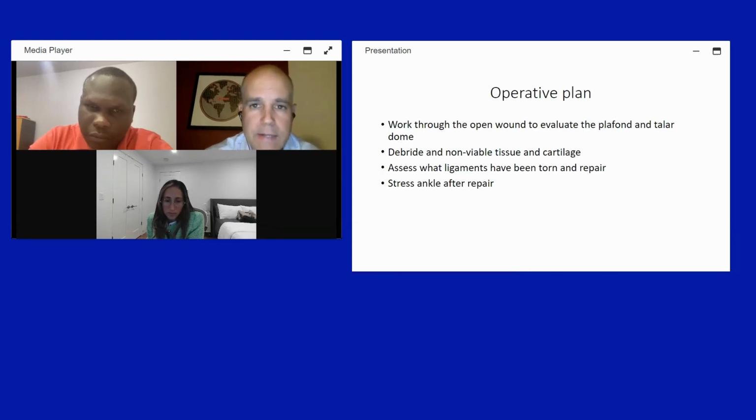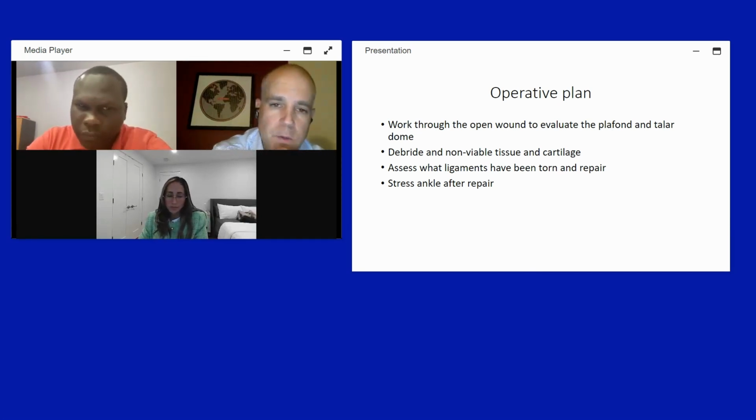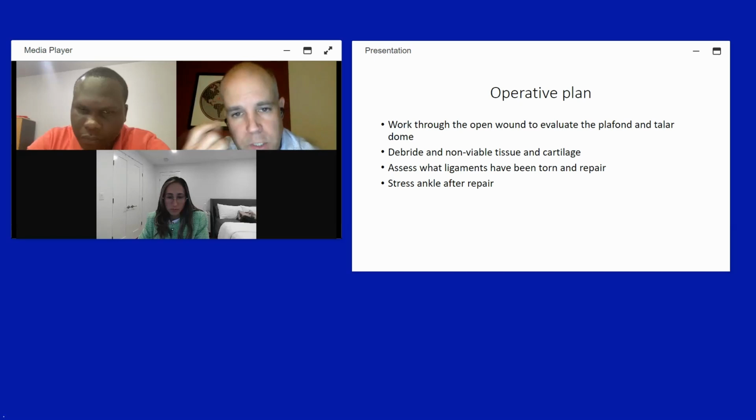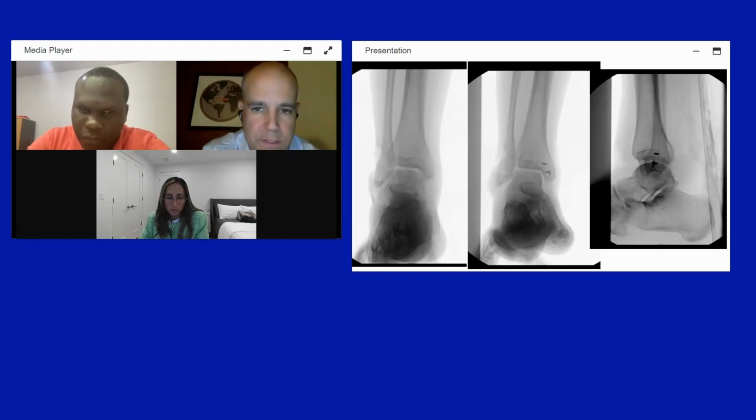Our operative tactic here was working through that open wound to evaluate the plafond and talar dome, debriding all our non-viable tissue and the cartilage that was without any subchondral connection, assessing the ligaments, understanding what's been torn and what needs to be repaired, doing periodic stress as you go and sequentially repairing the medial-based ligaments, and then making a separate incision to fix some of the lateral-based ligaments. Unfortunately, he had also torn his peroneal retinaculum, and that needed to be repaired.